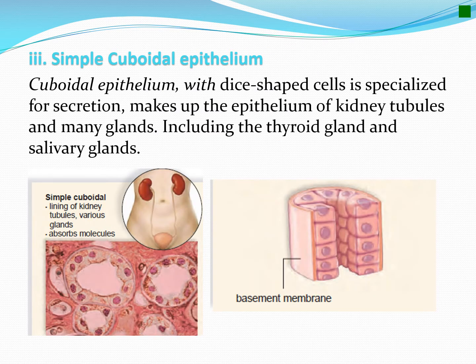The simple cuboidal epithelium is another category of epithelial tissue, which is formed of dice-shaped cells. This is specialized for secretion, and it makes up the epithelium of kidney tubules and many glands, including the thyroid gland and salivary glands.